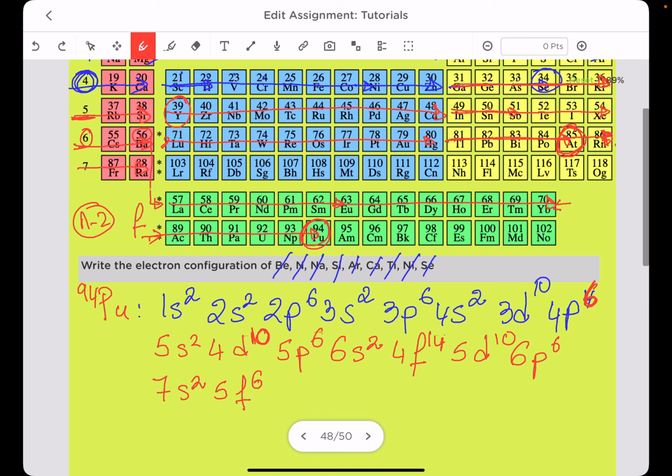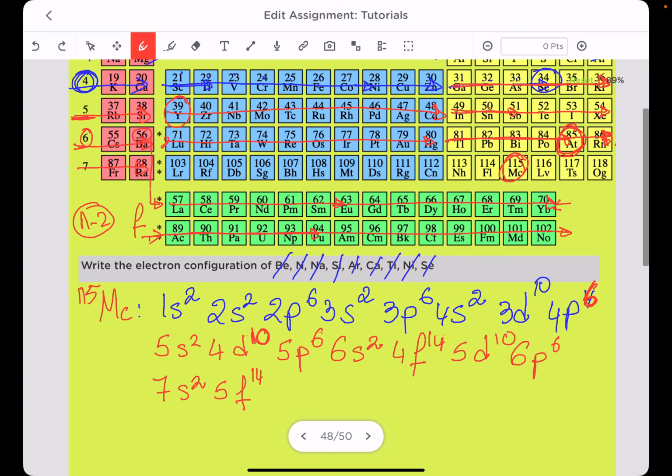Okay, now let me just give you one more example. Let's say moscovium, which is the one over here. So let's change the example and say Mc, 115. So what you're going to do, you're going to write the same electron configuration, but instead of stopping at Pu, you're going to go all the way through the 5f.